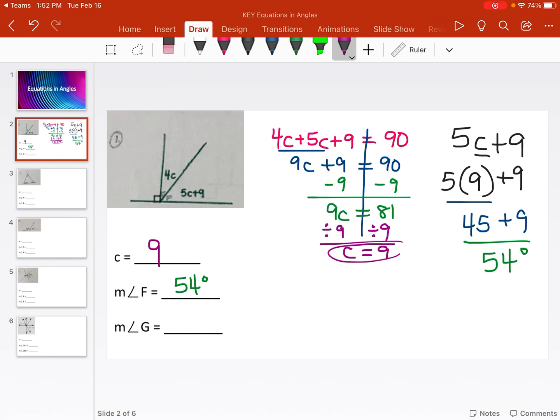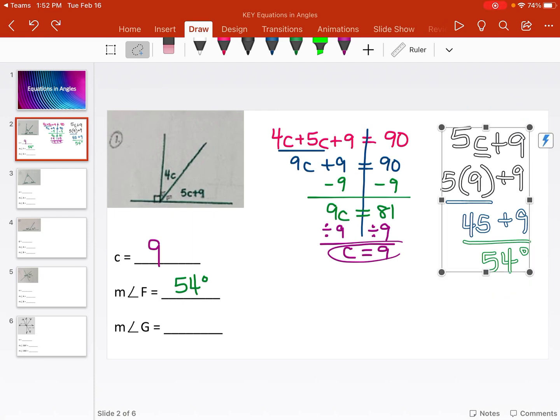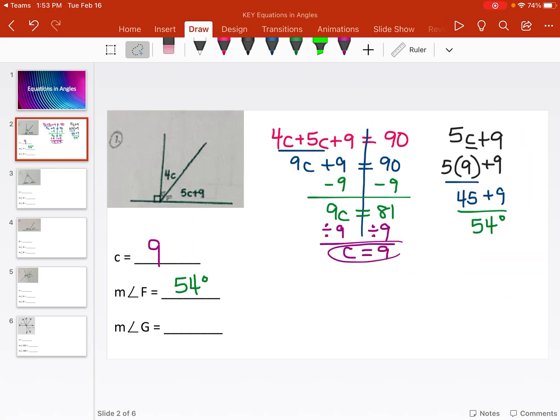Finally, we have angle G, which is this little guy up here. And there's two ways we can do this. We could either substitute in, just like we did to find angle F, or now that we know angle F, we could just subtract it from the 90 degrees. I'm going to substitute in just to make sure, in case I accidentally solved F incorrectly, I'll be less likely to make another mistake if I use the original equation.